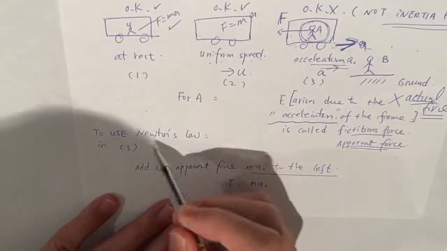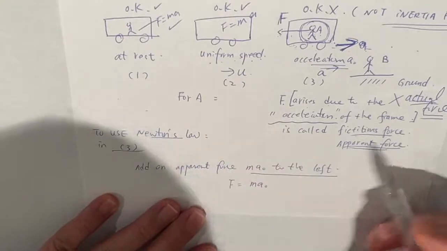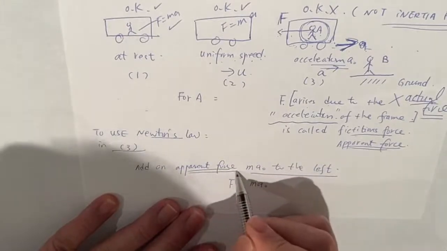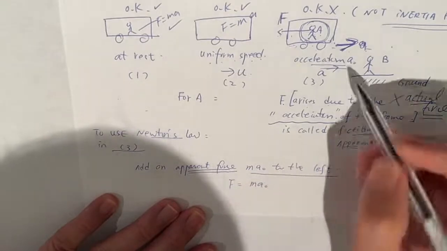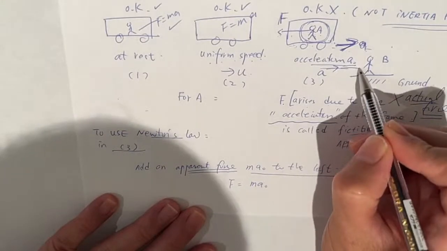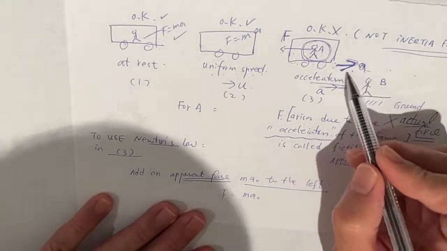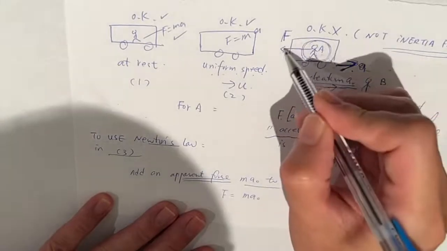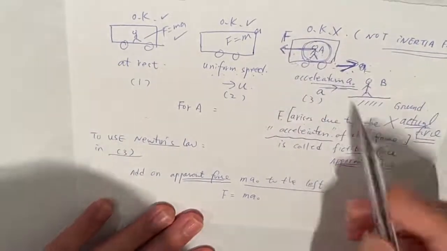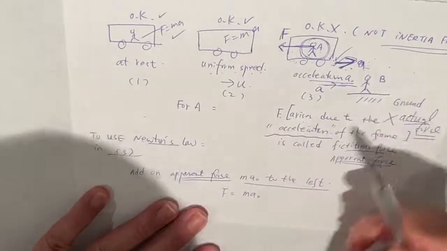Now, in order to use Newton's law, either the first law, second law, or third law, we try to add another force in the opposite direction to the acceleration of the frame. So in this situation, if the train is moving forward with an acceleration a, we add another force due to the change of the frame here, right? To the left.